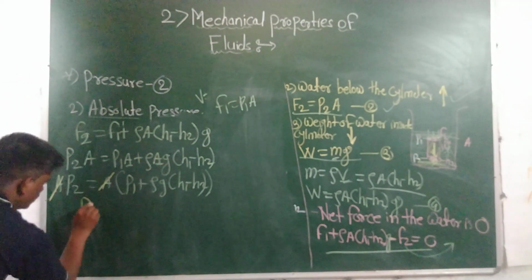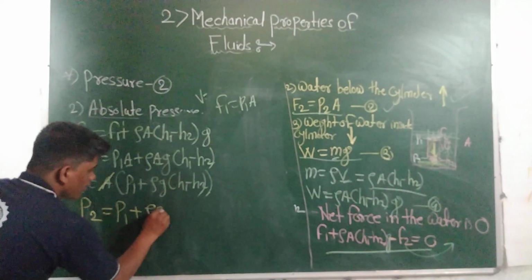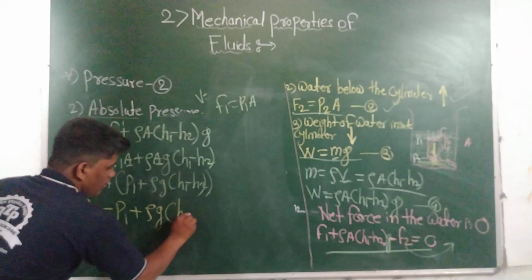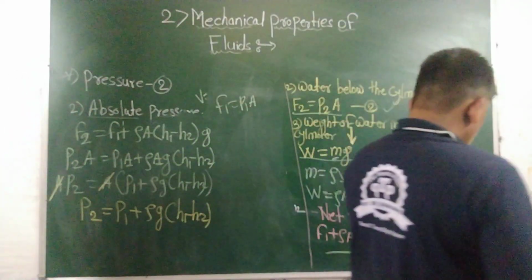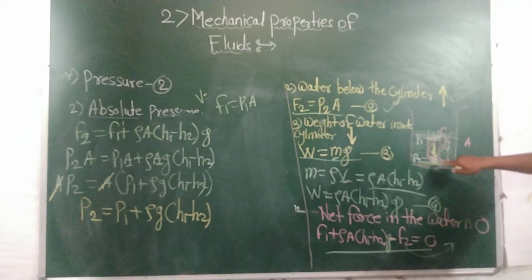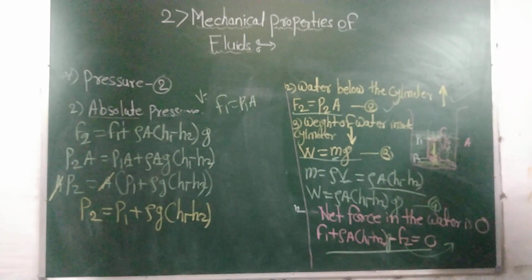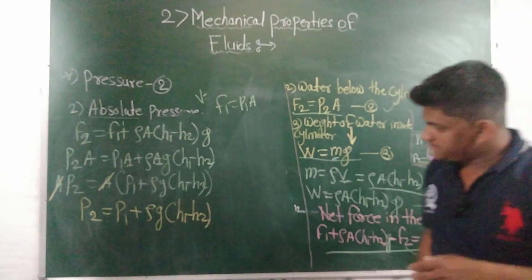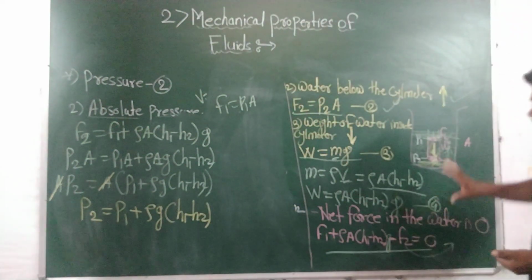The value of P2 is equal to P1 plus rho g (H1 minus H2). This is all about it: the pressure at point P2 is equal to the pressure at point P1 plus the density term. This is the same equation we found in the previous lecture.